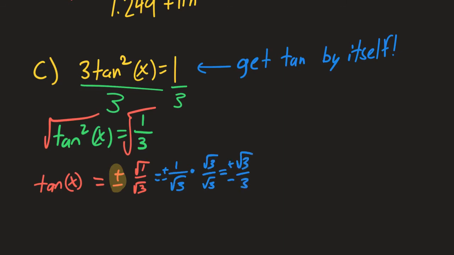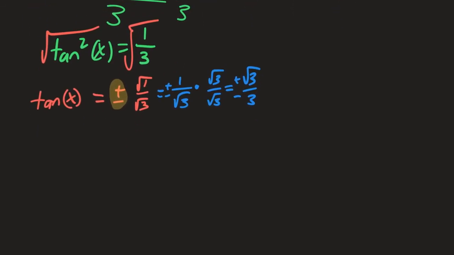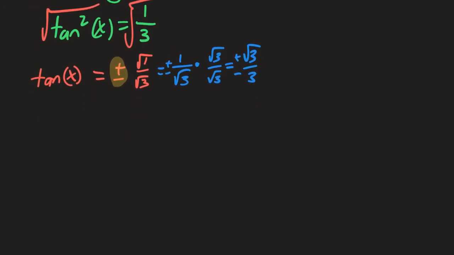Okay, so we're going to end up with some extra solutions here because of that plus or minus. So let's go to our circle and think, hey, where are we going to have plus or minus root 3 over 3 as our tangent values? So I'm hoping that you came up with pi over 6, 5 pi over 6, 7 pi over 6, and 11 pi over 6.